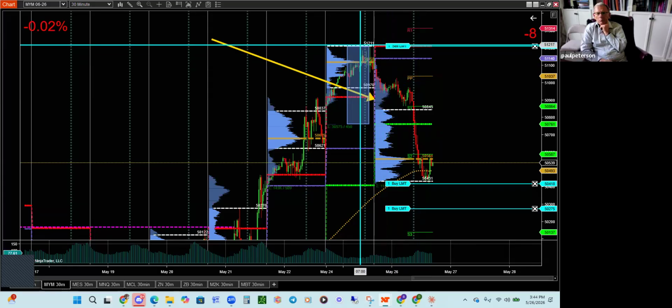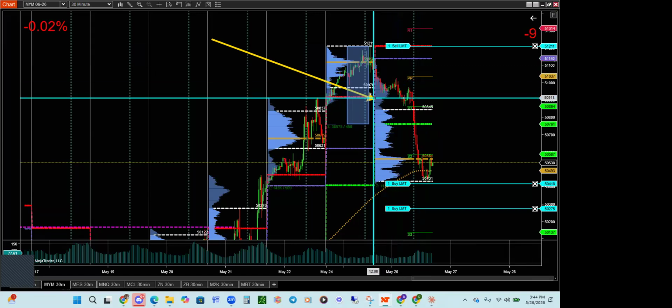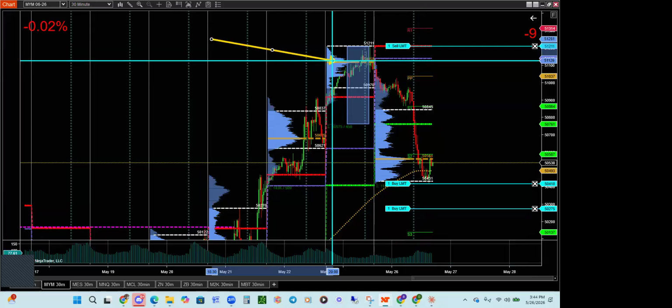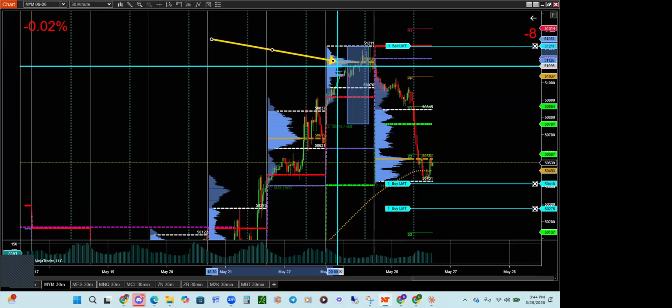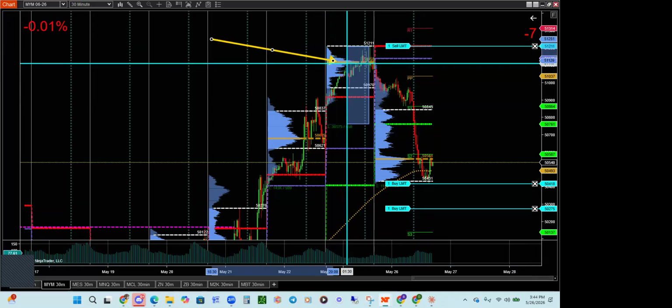Is purple the high of the day? Purple here is the close of yesterday's session. But also this yellow line here is the POC, point of control, for yesterday's half-day session.